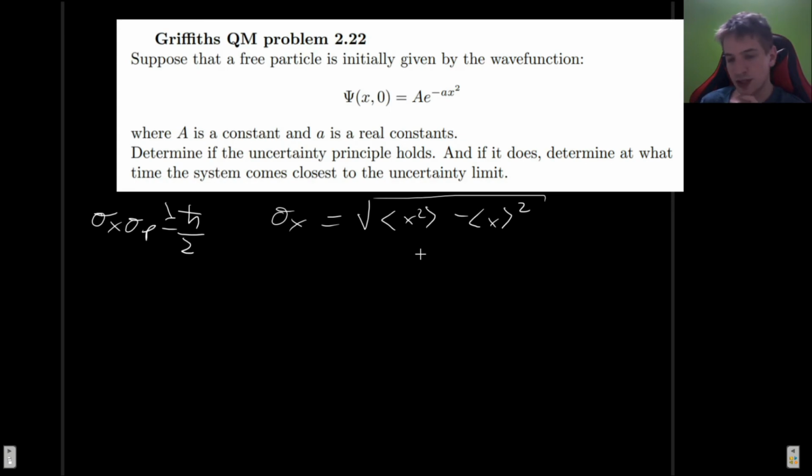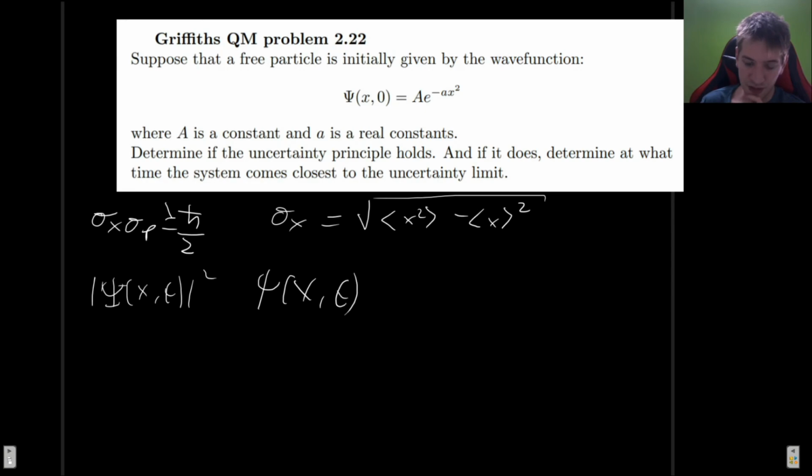So first we're going to need those four expectation values. But to find the expectation values, we need the probability density of our function. In order to do that, we're going to need this wave function as a function of time, because right now we only have what it is at the first moment.